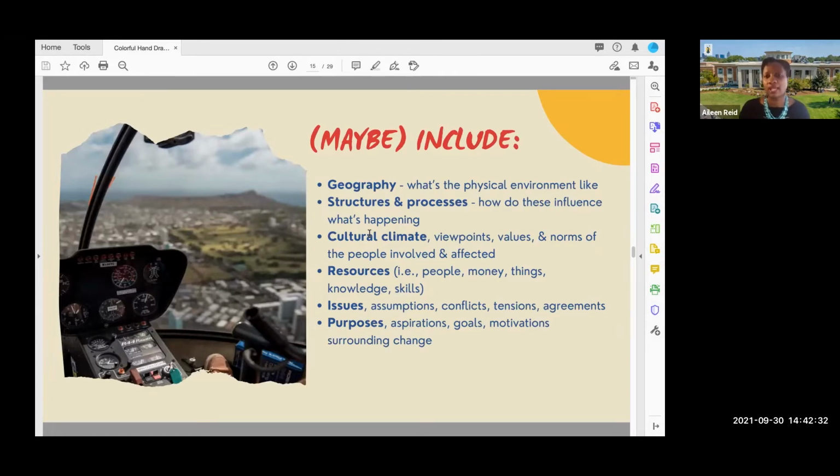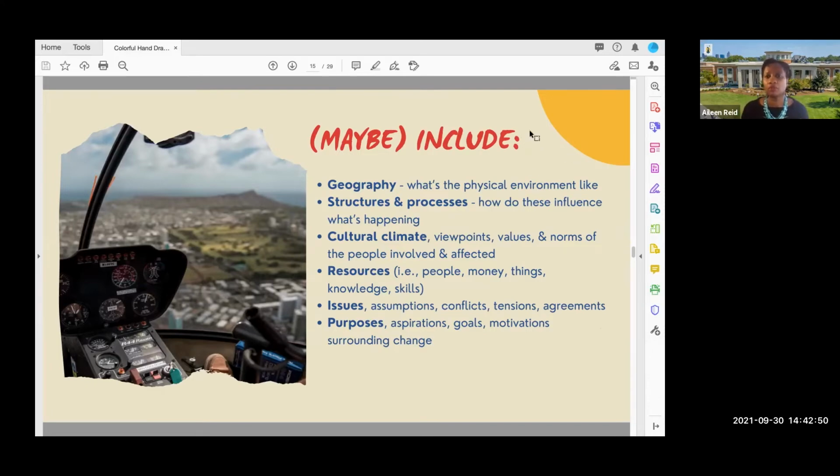Structures and processes: how do these influence what's happening? Later on, we'll give you an example of working with faculty, but there may be ways, if you're looking at inequities, let's just say, between tenure track versus non-tenure track, or other kinds of things.